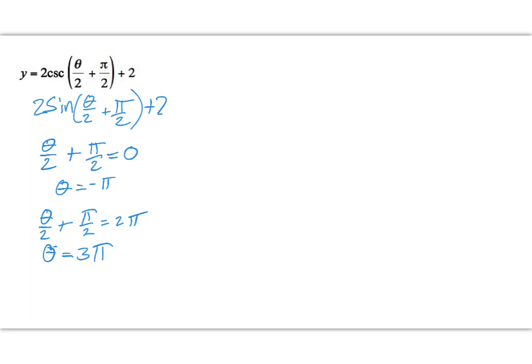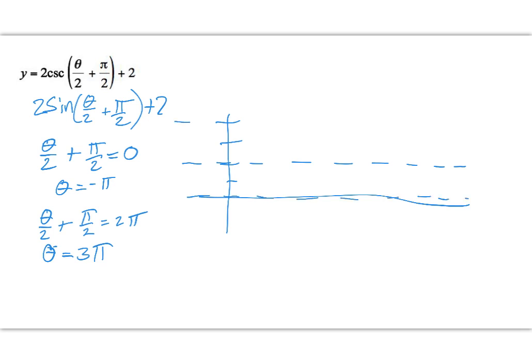We know based on that what our graph should look like. I'm going to do this in blue. So we know at positive 2, we're going to have our midline. Go up 2 more and down 2 more. Those are going to be our amplitude lines. At negative pi, we're going to have our first point for sine, which we know looks like this.